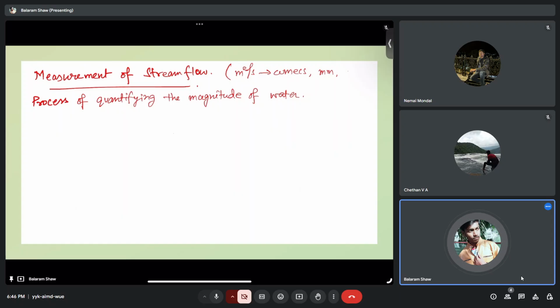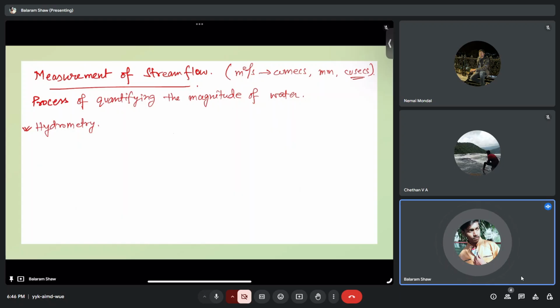It is also written as cusecs in the US. So foot cubed per second, that is called cusecs. Okay, and the study of this, or the science of stream flow measurement, we call that hydrometry.